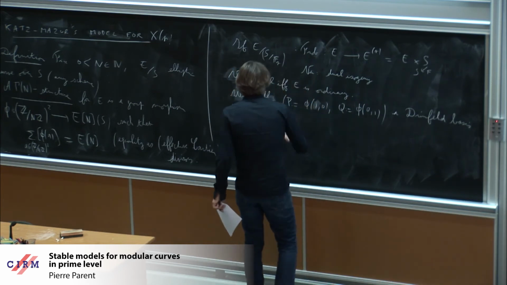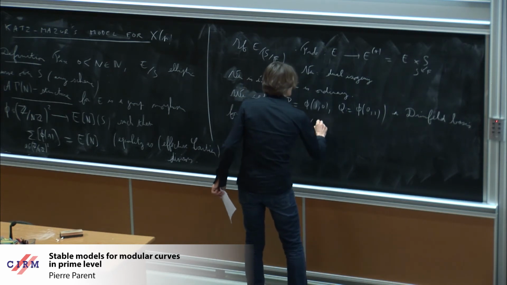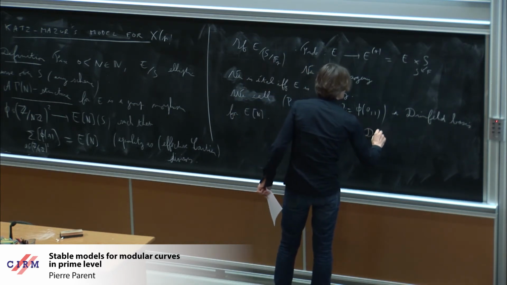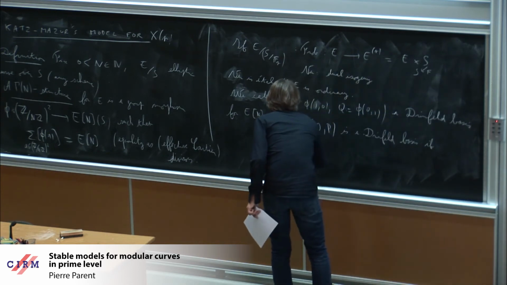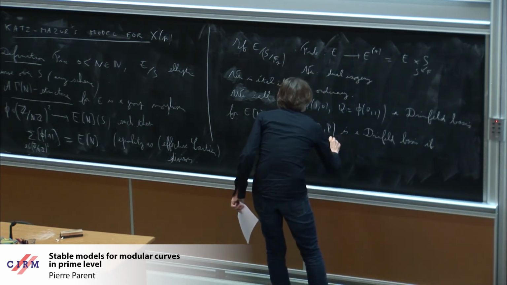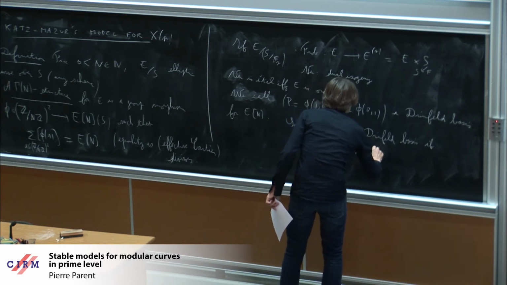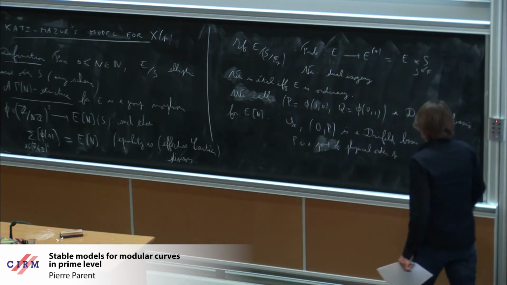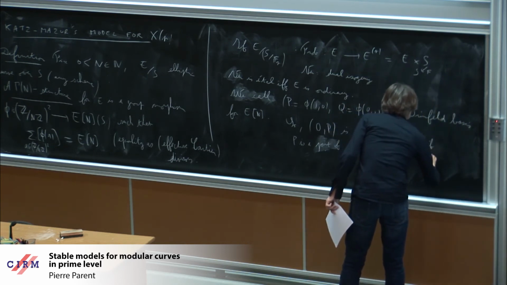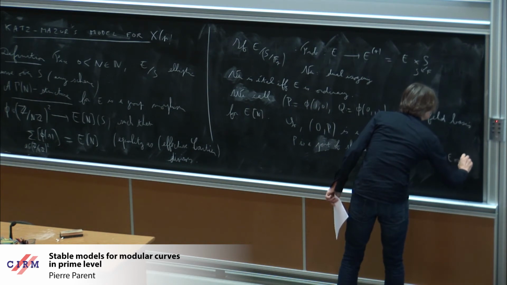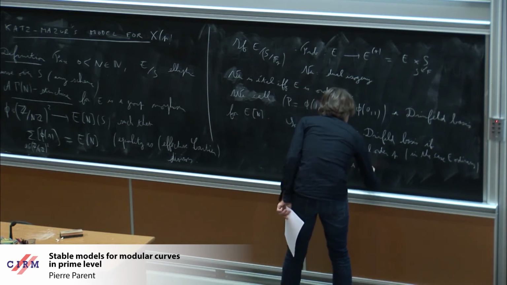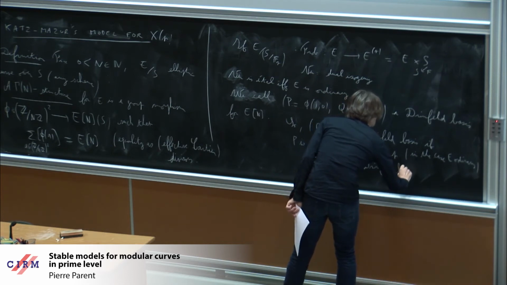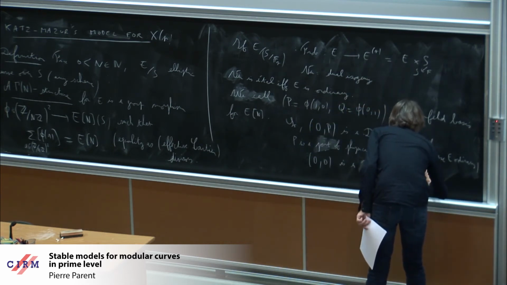And with that terminology, we see that (0, P) is a Drinfeld basis if P is a point of physical order p, in the case E ordinary, and (0, 0) is a Drinfeld basis if E is supersingular.